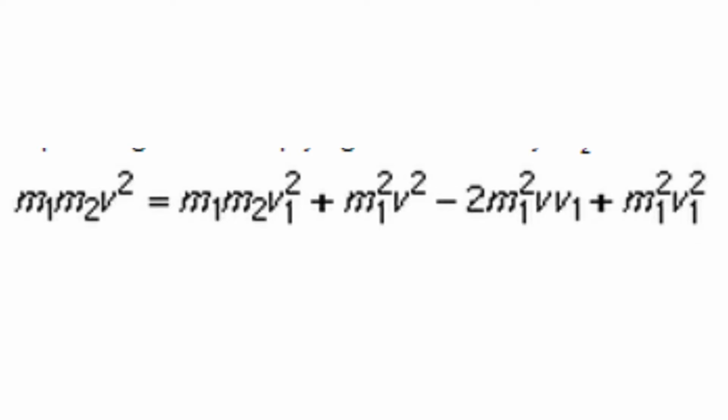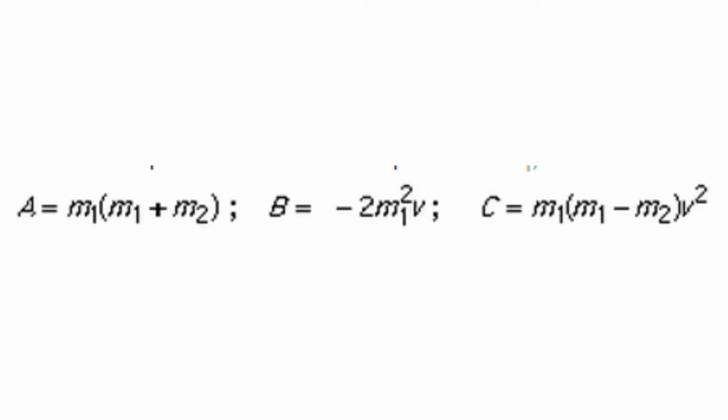With the substitutions made, we need to expand by multiplying both sides by m2 in order to clear the fractions, which gives us m1 times m2 times v squared equals m1 times m2 times v1 squared plus m1 squared times v squared minus 2m1 squared times v times v1 plus m1 squared times v1 squared.